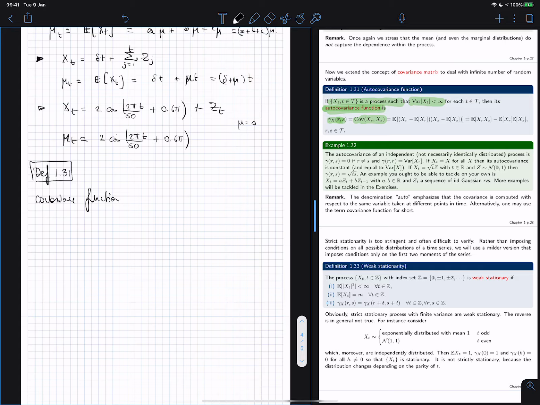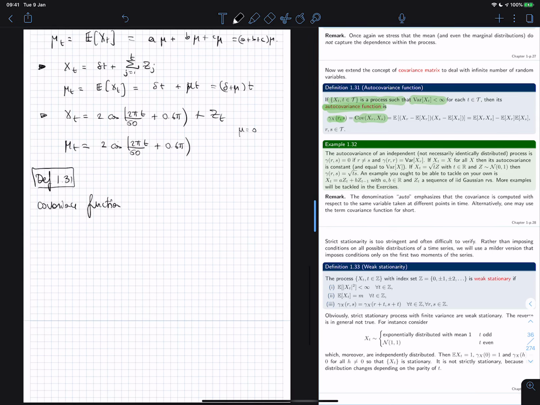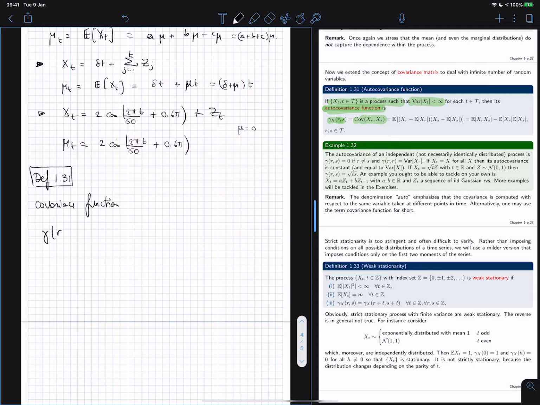The auto in autocovariance just emphasizes the fact that you're taking the covariance of the process with respect to itself, but it's also just called the covariance function. It is a function which depends on two time points, gamma of r, s, or gamma_X of r, s, and it's just the covariance of X_r with X_s.